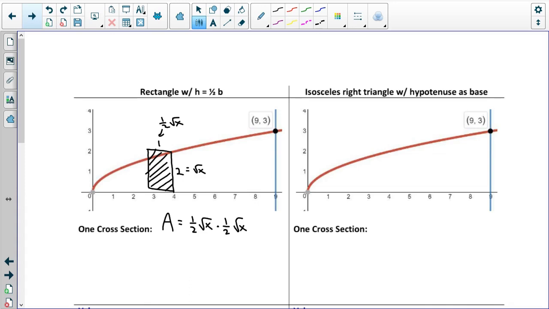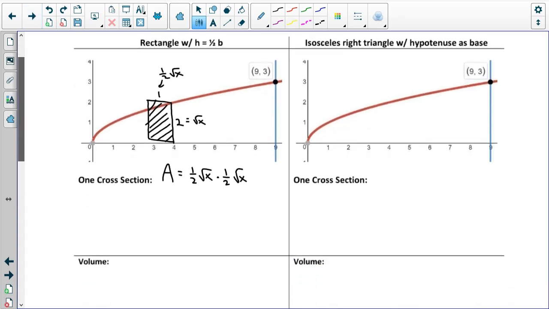I don't know why I put a 1/2 at the beginning. Sorry about that. Remember that area is base times height, so I don't know why I put the 1/2 there. So base is root x, height is 1/2 root x, so this ends up being 1/2 times x.